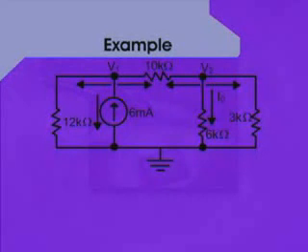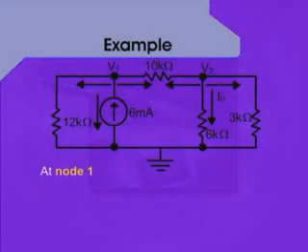Now, because we want to calculate the voltages at the node number 1 and 2, we designate the voltages at these nodes as V1 and V2 so that we will have a convenience while writing the equations.